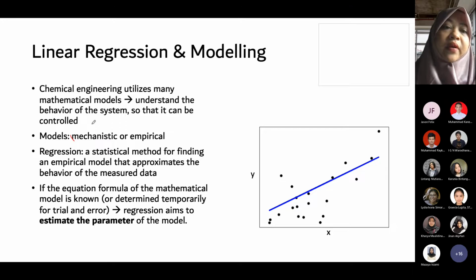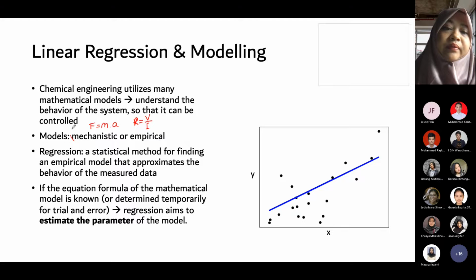For example, F equals M multiplied by A, force equals mass multiplied by acceleration, or R, the resistance, equals V divided by I, the voltage divided by the current.